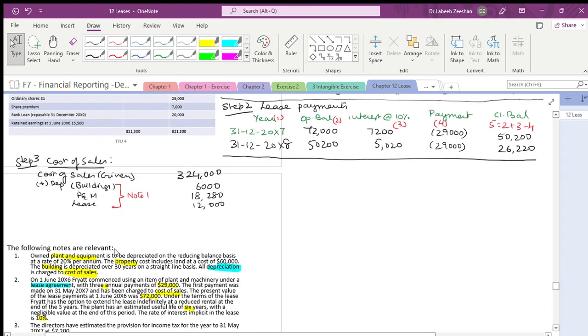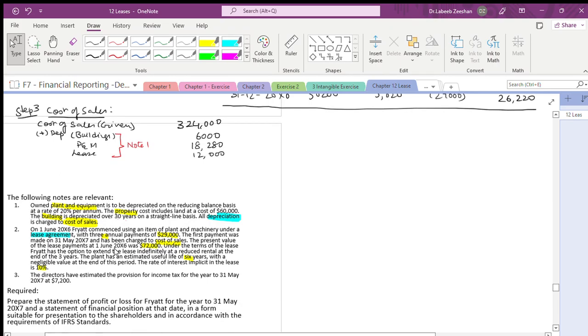Now, you see point number 2. What are they saying? Point number 2, line number 2: the first payment was made on 31st May 2001 and has been charged to cost of sales.